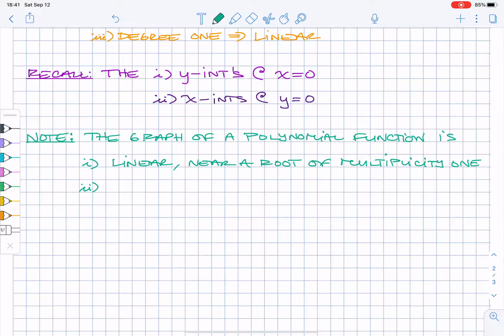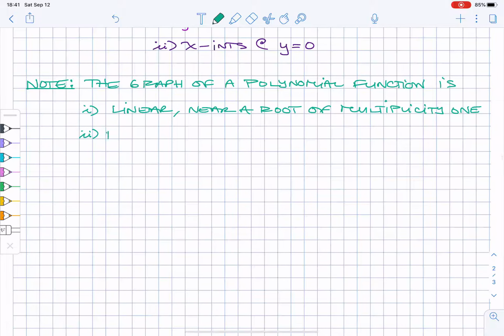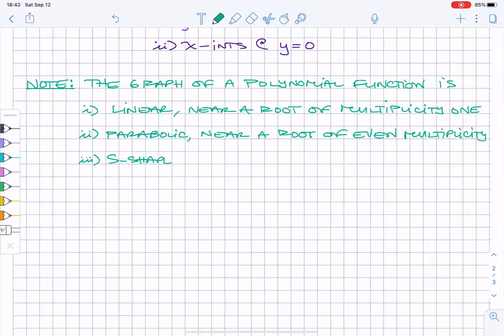Number 2 would be parabolic near a root of even multiplicity. And number 3, it's S-shaped near a root of odd multiplicity.